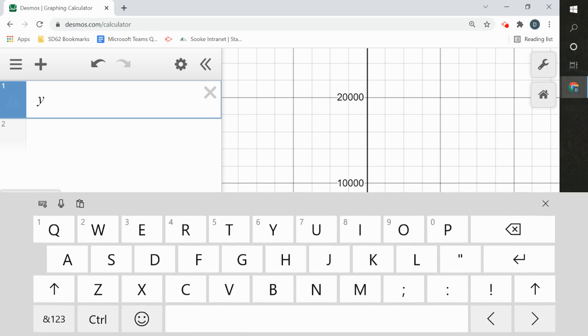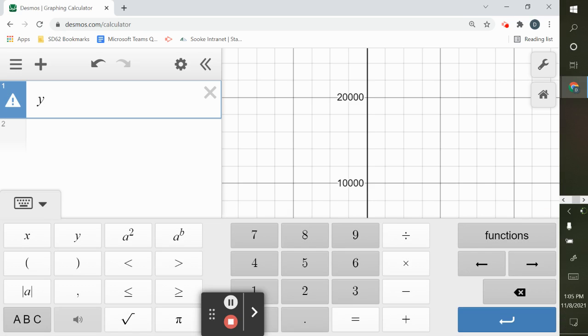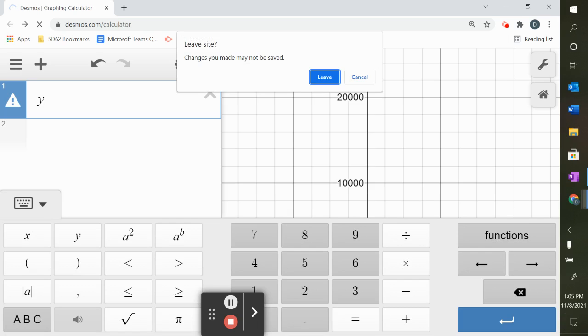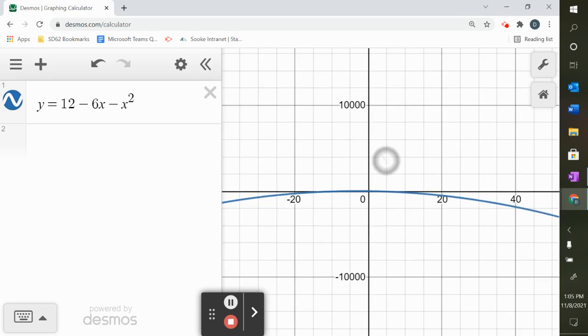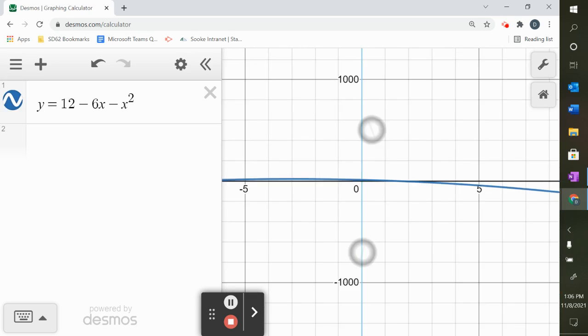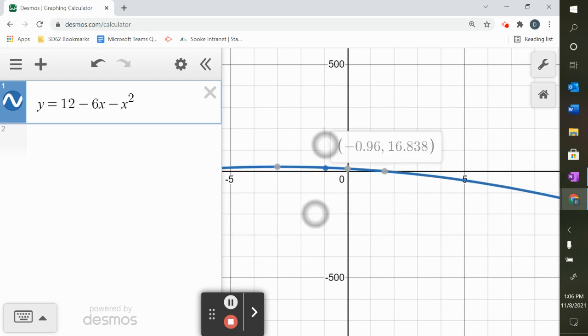Can I just put like 6x? Yeah, you're supposed to put x. That's what I wrote right there. Oh, it is a parabola. How do I know where to stop? Which number do you want to be at?